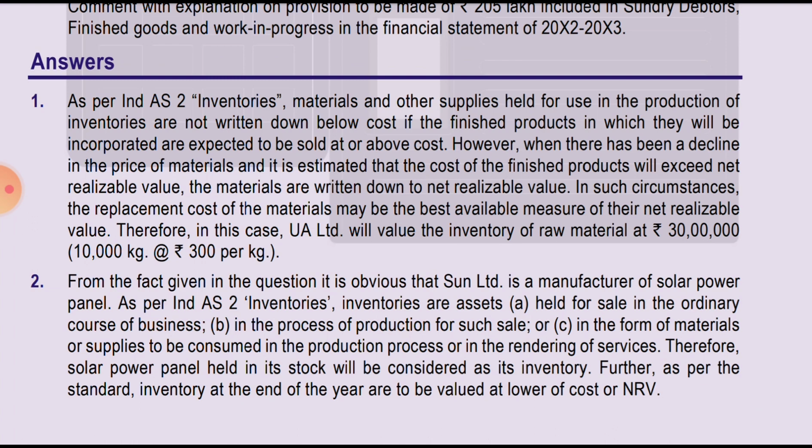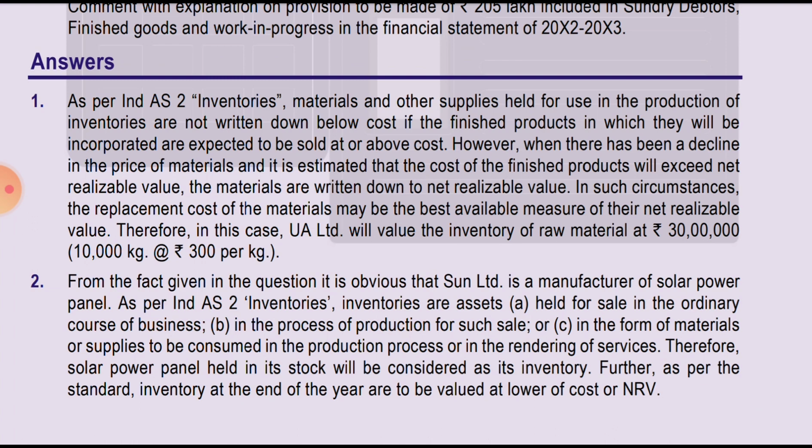If the finished goods are sold at a lower price than cost, we have to apply that reduction in the cost to the raw material as well. Hence the materials are written down to the net realizable value, and will not be maintained at cost.